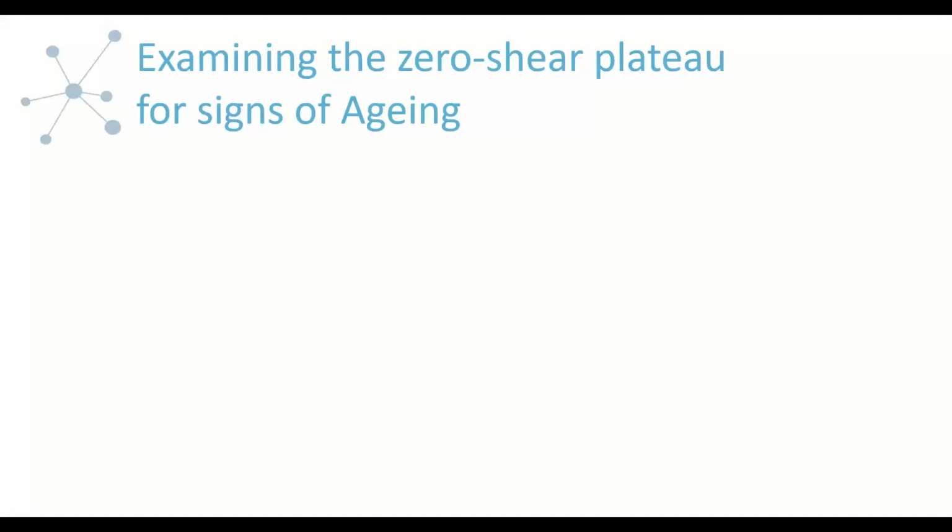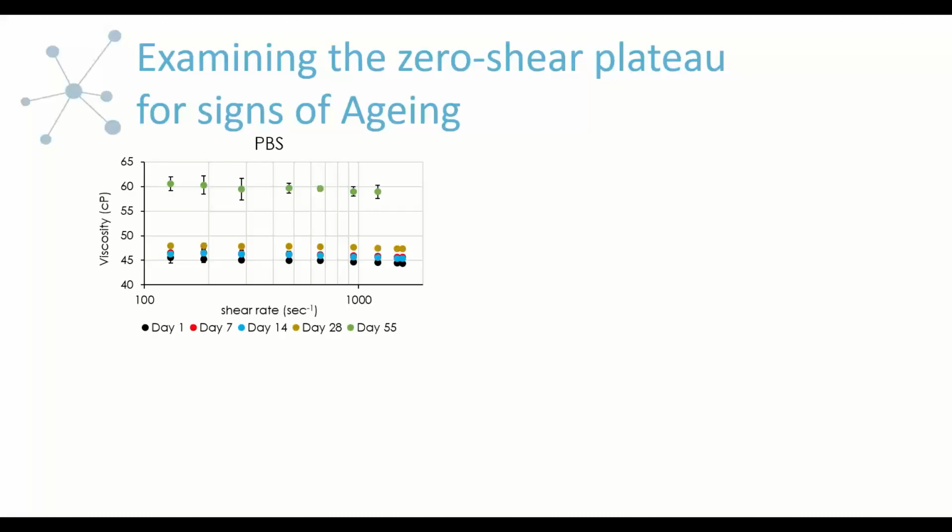So we began examining the zero shear plateau for signs of aging. We made 250 mg per mL BGG solutions and stored them at 4 degrees Celsius and then measured their viscosity at 25 degrees Celsius. So we began with phosphate buffered saline as our solvent and measured the viscosity at different time points, 1 day after formulation, 7, 14, 28, all the way up to about 2 months at 55 days.